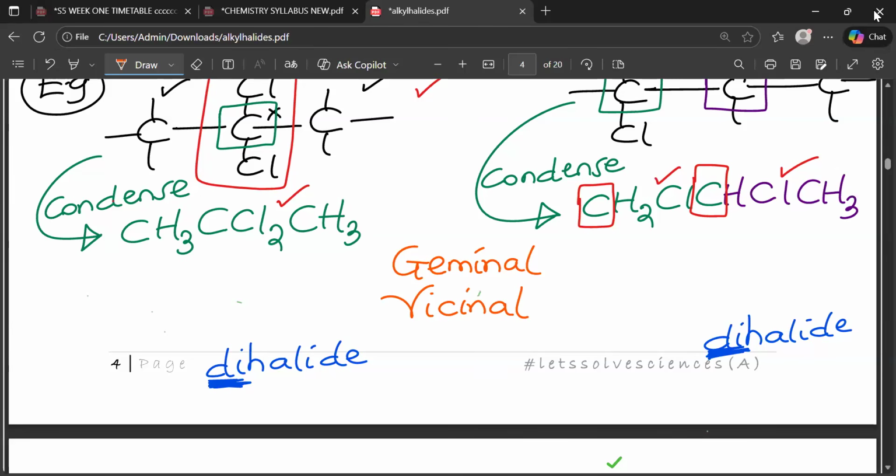I want you to go to the internet right now. You ask Google or AI, ask it, what does gemino mean? Or where does the word gemino come from? You see, in chemistry, most of the words, for you to understand them, you should first understand, why was it really called gemino? Where does this word come from? Especially in organic chemistry.